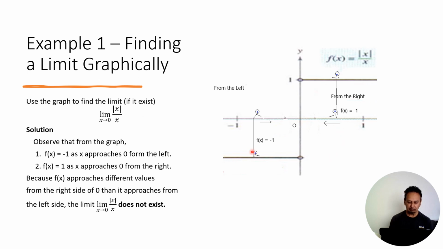And if I approach 0 from the left side, the function value approaches negative 1. So we have different function values when we approach 0 from the right than from the left. In this case, we'll say this limit does not exist.